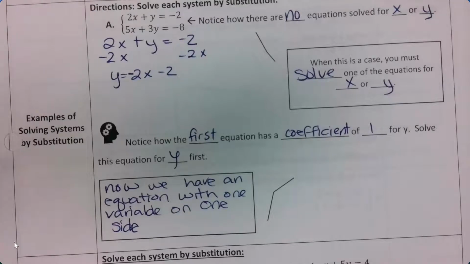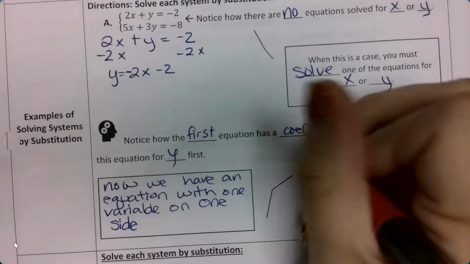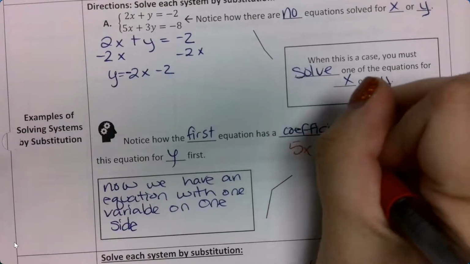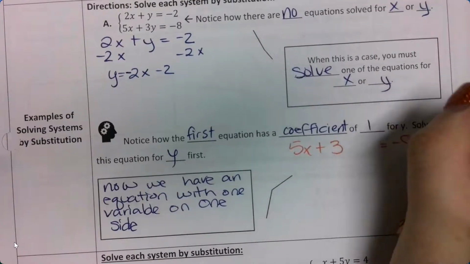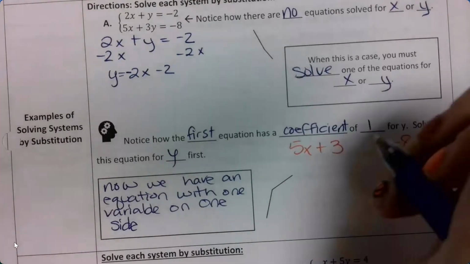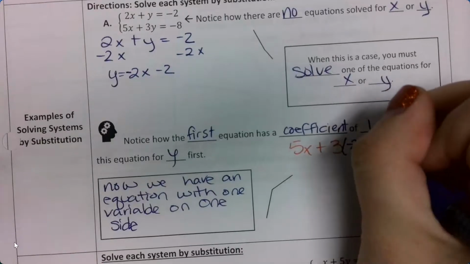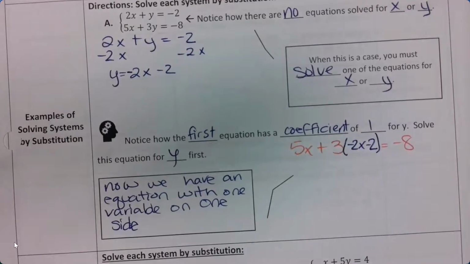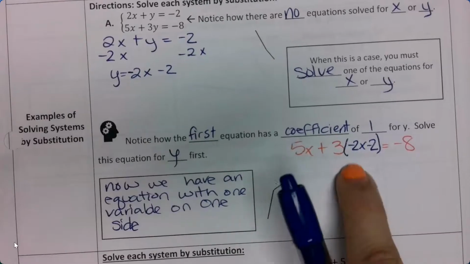So I'm going to plug into my y for my second equation. That is the 5x one. And instead of y, I'm going to write the negative 2x minus 2. So what I got up above, I just rewrote down here.